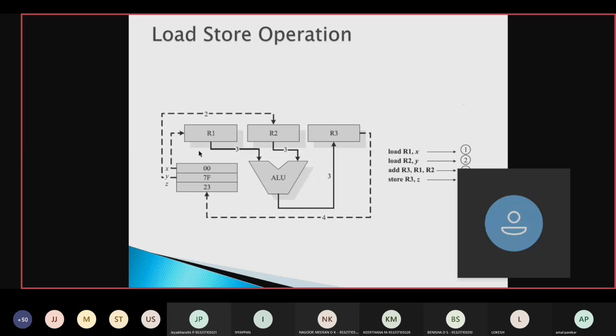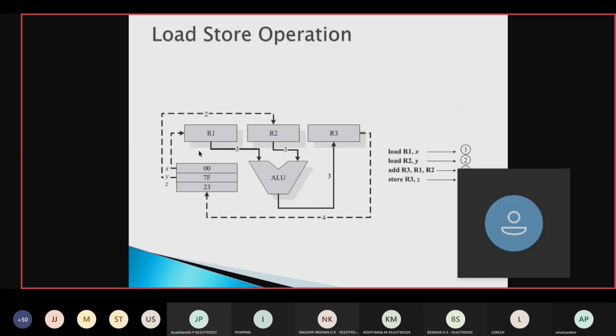This load store architecture is only possible in an instruction set which is orthogonal. The orthogonal instruction set is available in the RISC computer, the reduced instruction set computer only. Orthogonality means we can use any addressing system and we can use any register.